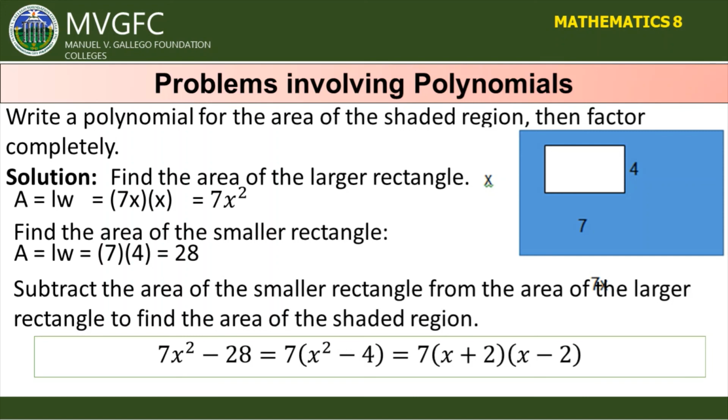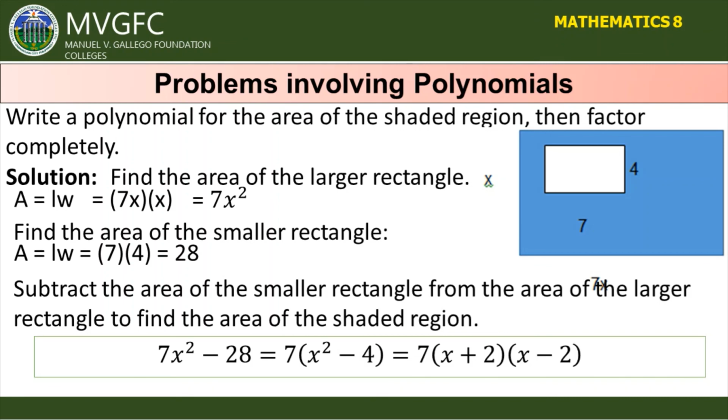Once again, you can use the distributive property if you want to check if your answer is correct. So x squared minus 4 is now both squares. The square root of x squared is simply x and the square root of 4 is simply 2. So don't forget the plus and minus. So you have here now 7 multiplied by quantity x plus 2 multiplied by quantity x minus 2.